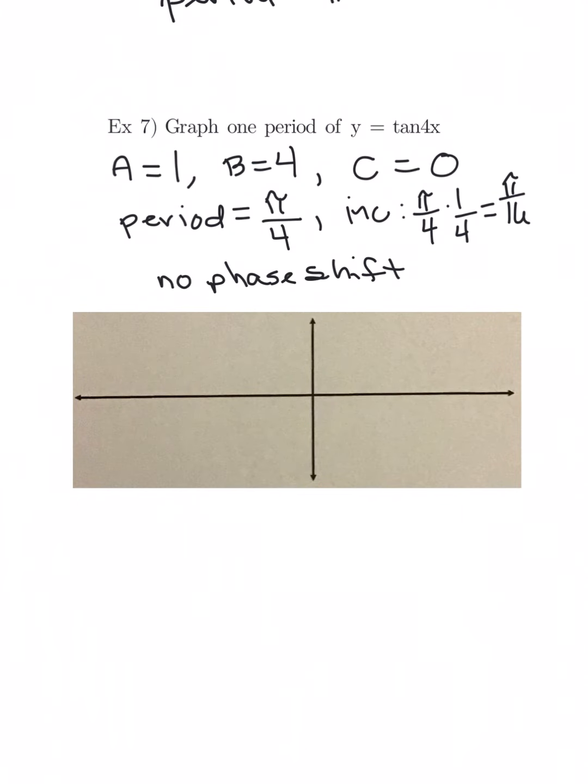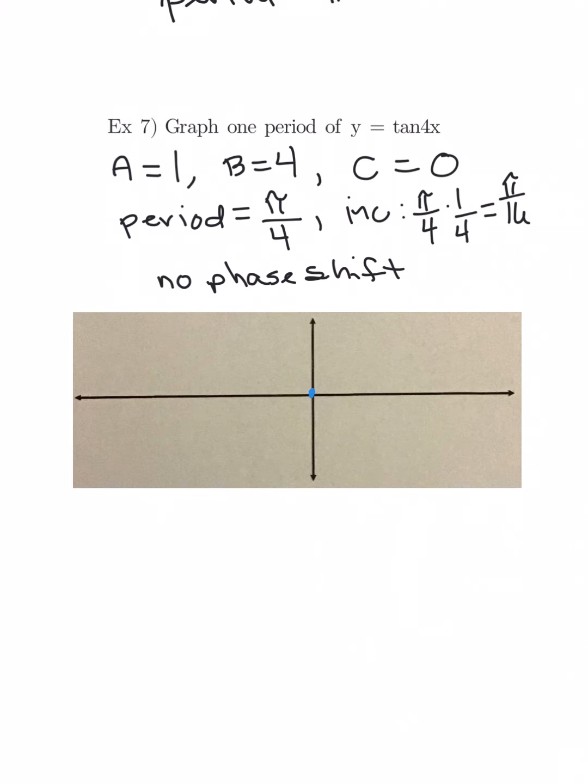When you are graphing a tangent or a cotangent function, it's really important to know that you must work off of the point where the function crossed 0 in the basic function. A tangent function crosses 0 at 0.